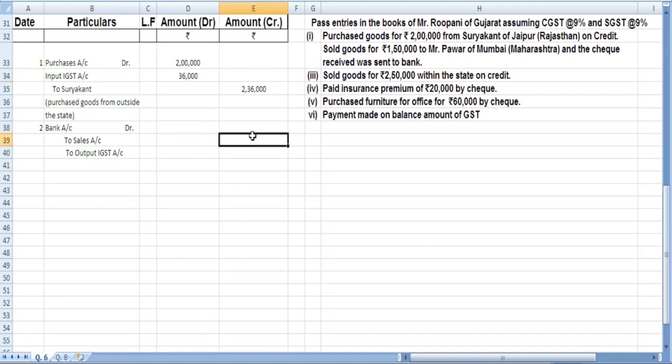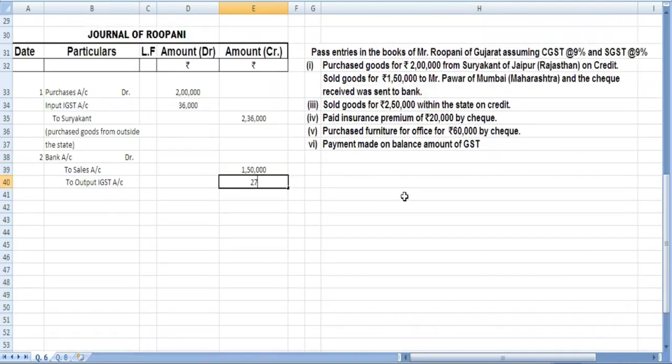So here sales was for 1,50,000, IGST again 9 plus 9, 18% of 1,50,000 will be 27,000, and so together in the bank account it will go as 1,77,000. Okay, so here we'll write here sale of goods outside the state.